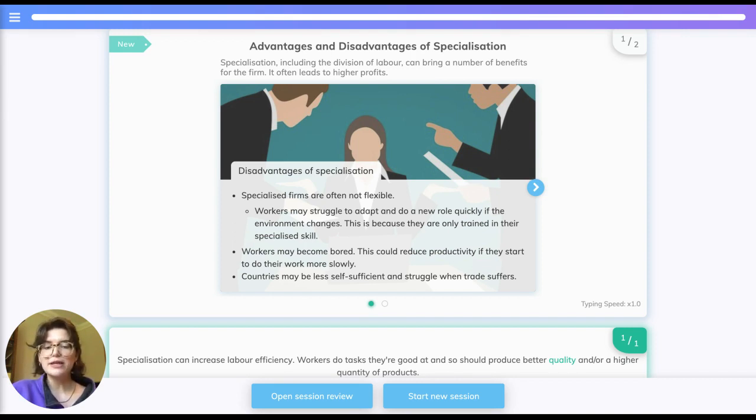This is because they were only trained in one specific skill. Alternatively, workers may become bored, and this could reduce productivity as they start to do their work more slowly. Countries also may be less self-sufficient and struggle when trade suffers.